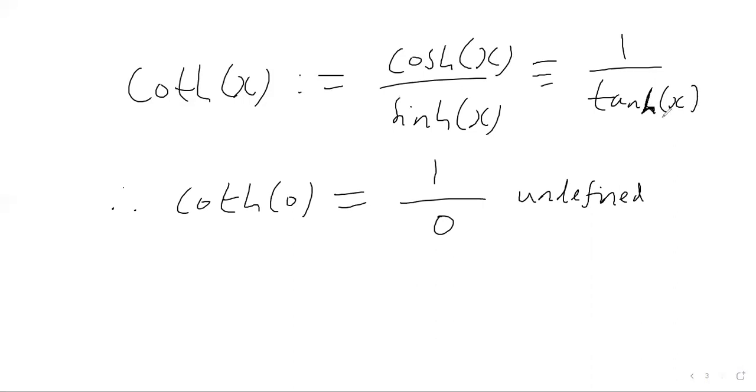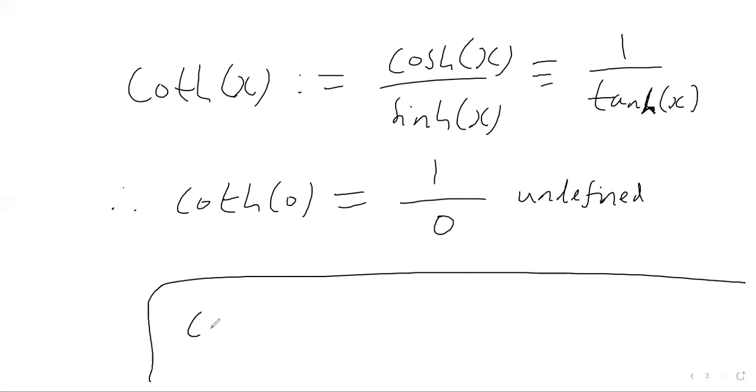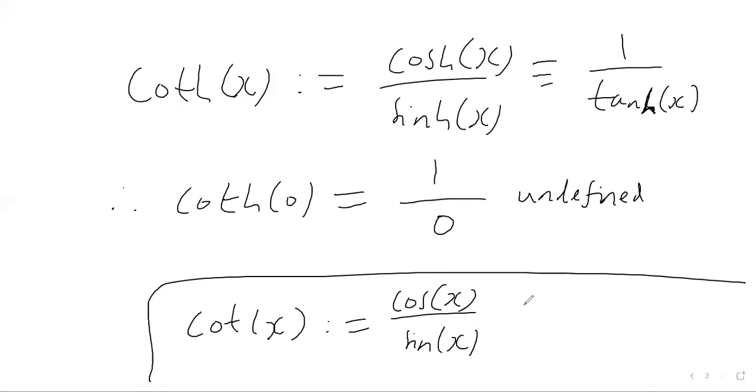So when we had our trigonometric functions, something we made note of was this down here. When you had cotangent of x, the definition of that was cos of x over sine of x. But this was not necessarily equal to 1 over tan of x. And that's due to the asymptotes of the tan function.